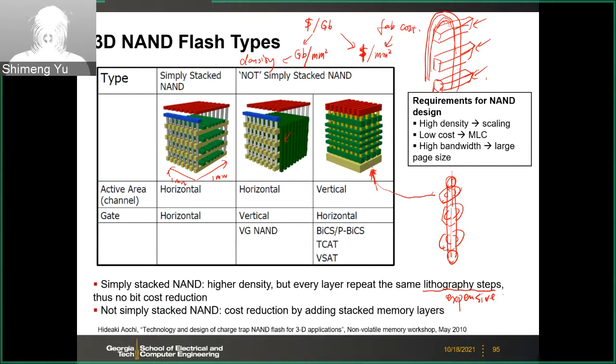And similarly for the vertical channel, you only need one critical lithography to define this vertical pillar. You want to share the lithography step across multiple tiers. No matter how many tiers you have here, you only want to do one lithography. Therefore, you reduce the cost. So that's the main idea behind the 3D NAND flash.